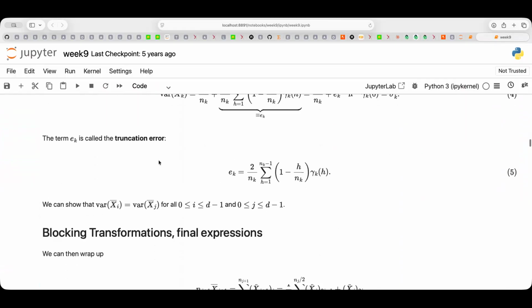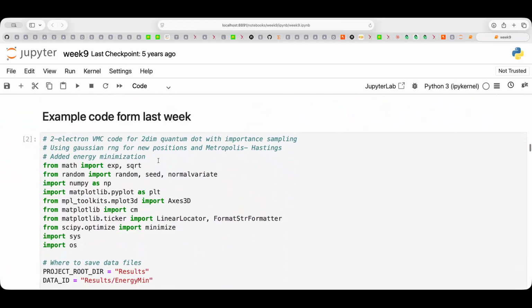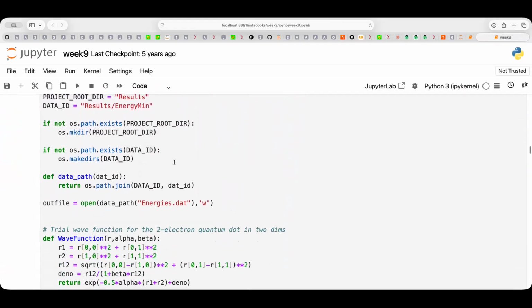So what you find here is just a repeat of what we did. And the thing I wanted to say a little bit about is, again, the codes which I presented last week. In that code, we have a different physics case. It's 2 electrons which interact with a Coulomb interaction, but it's close to what we are dealing with.